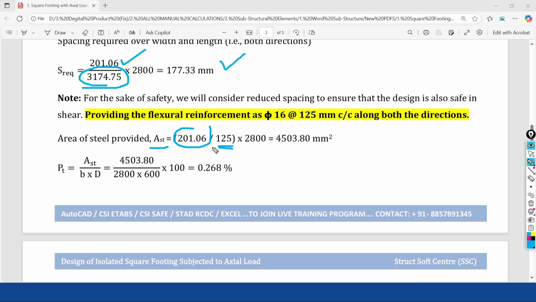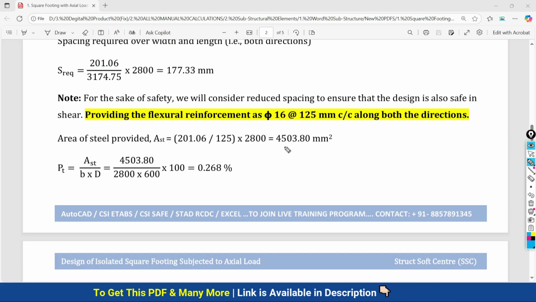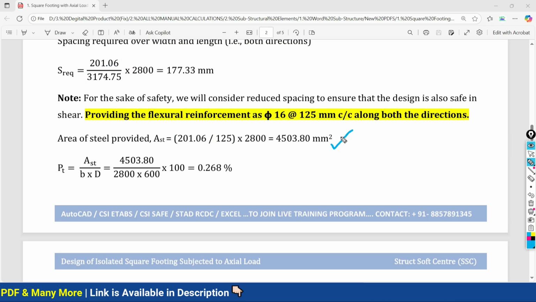But now we have changed the spacing, so unit area divided by the provided spacing, and the transverse dimension of the footing is 2800. So finally we are getting 4503.8 mm square area of the reinforcement that we are going to provide. Earlier it was 3000 something, now it is 4000. So we are going to provide more reinforcement, more steel, right?